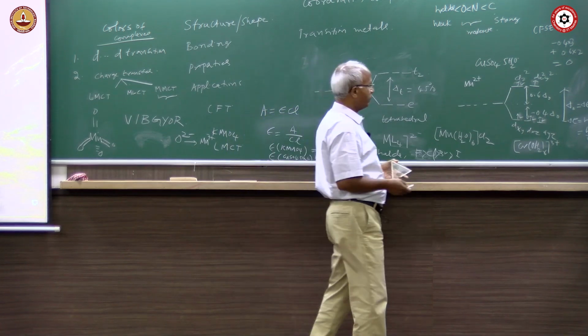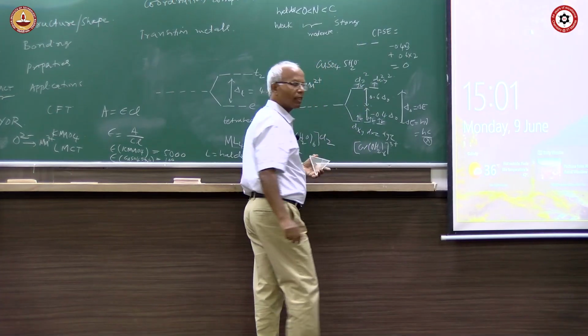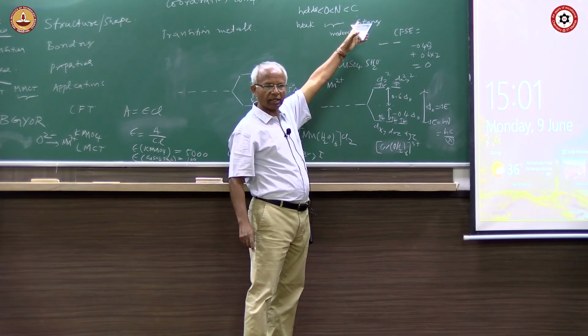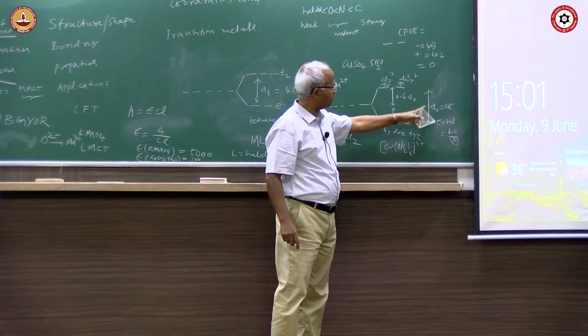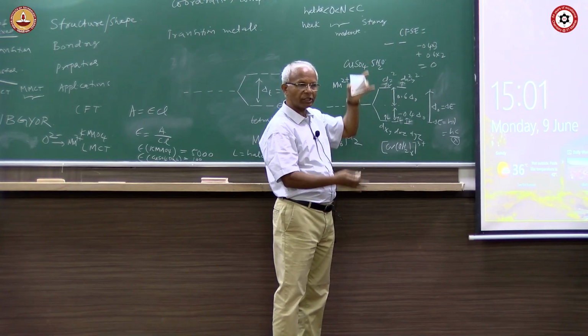So when cyanide is a ligand, these two levels will be somewhere here, because cyanide, a carbon containing ligand, is a strong field ligand, right? So now this delta O will be there. So the energy separation will be very high.